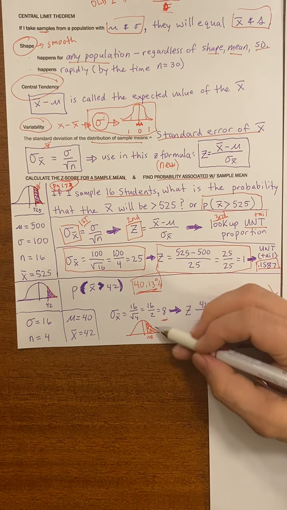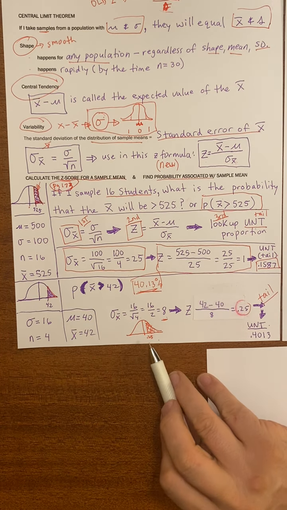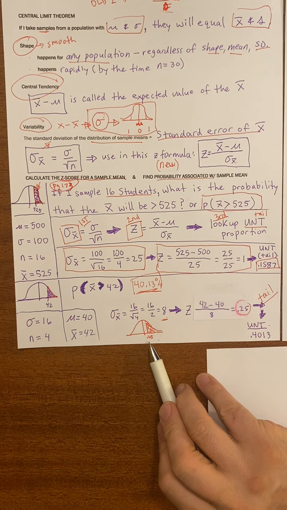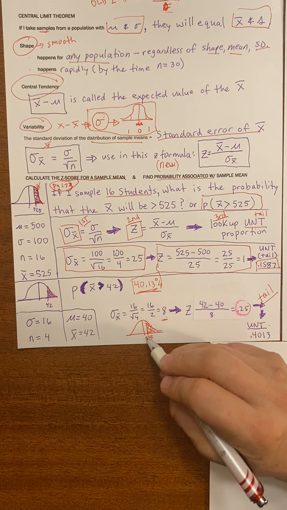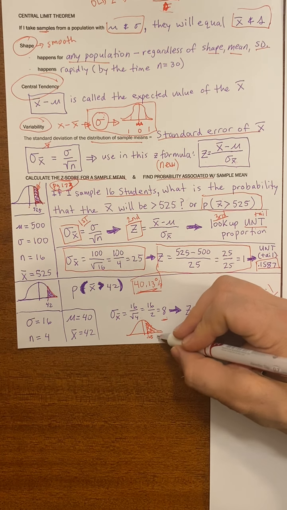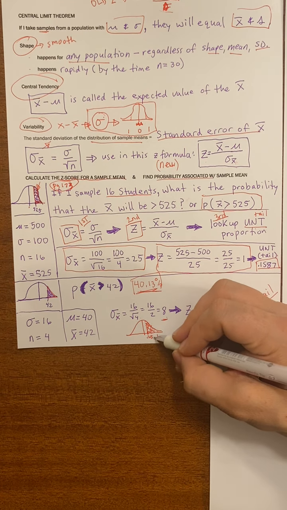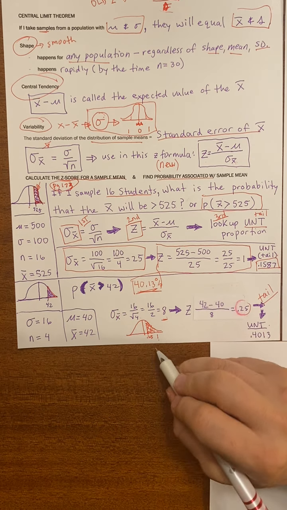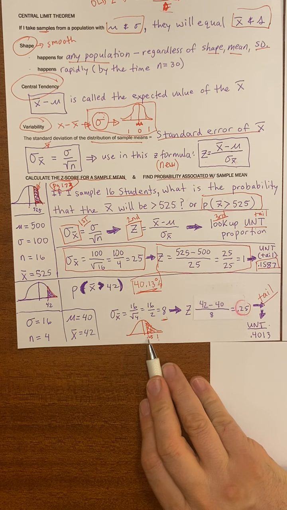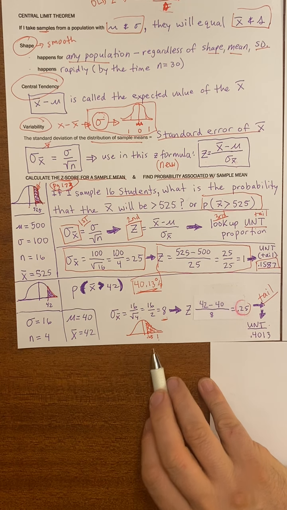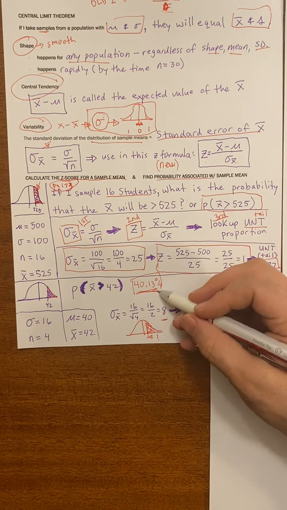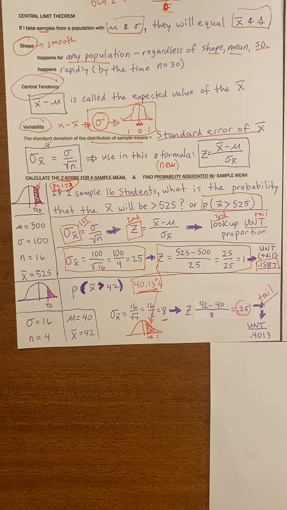I'm hoping that you're seeing why the tail is so big. It's so big because the z value in question is really close to the mean, right? Usually we're thinking in terms of being 1 standard deviation unit away from the mean. Here, we're a quarter of a standard deviation away from the mean. And so that's why the percent is so big.